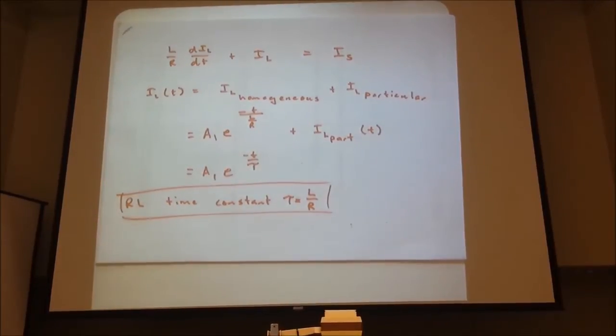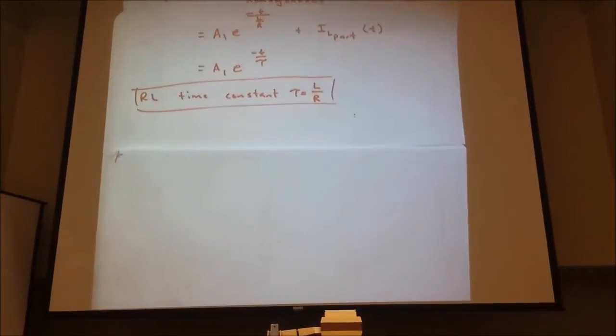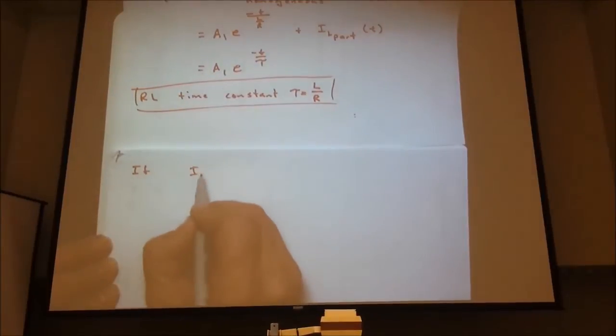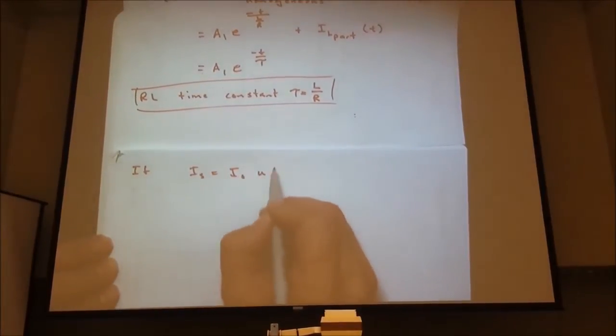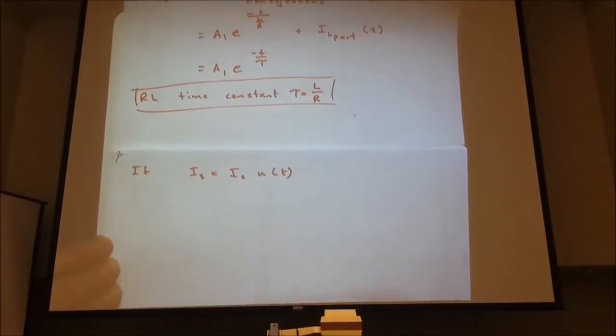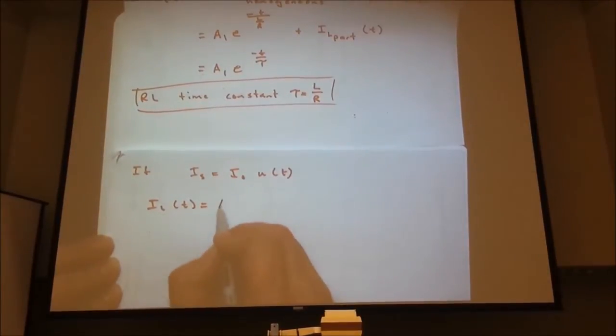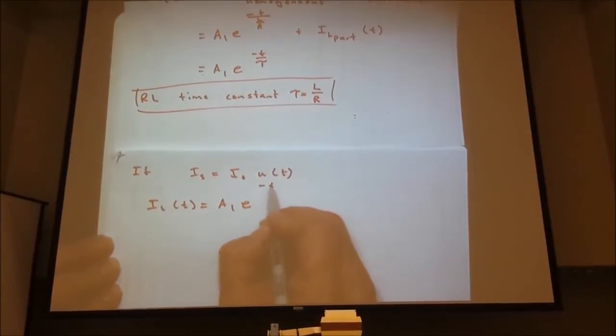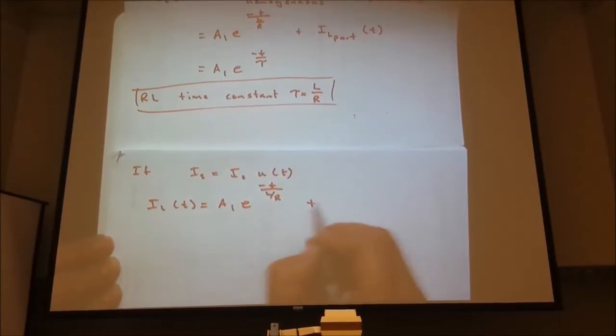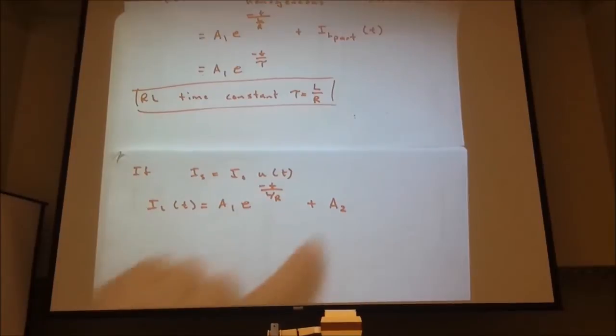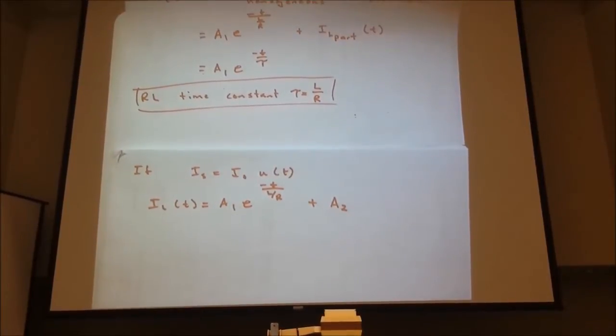And the process is the same. We find the DC steady state. If we're looking at step functions, we can find then the constant term. So again, if I source equals some I naught u(t), some source that turns on at t equals 0, well, IL(t) equals A1 e to the minus t L over R plus A2. Constant term, we can get that from DC steady state.